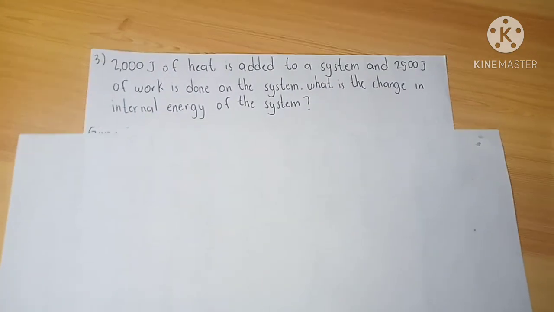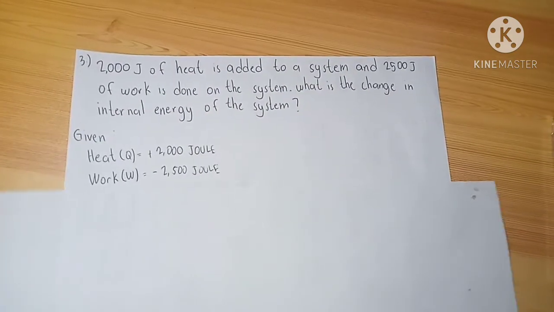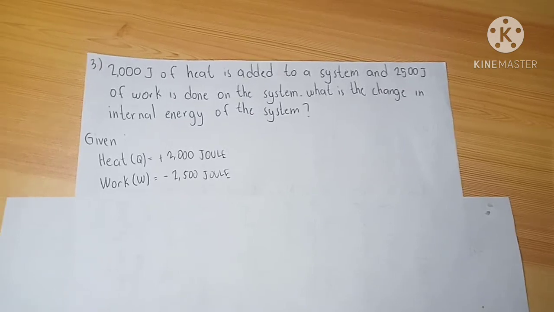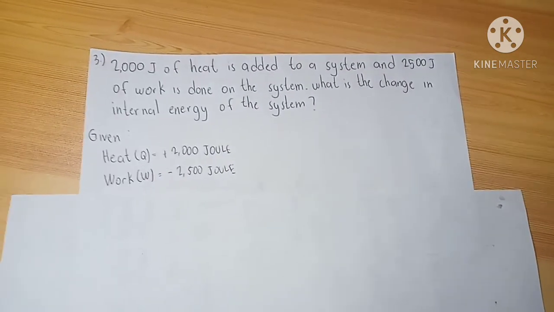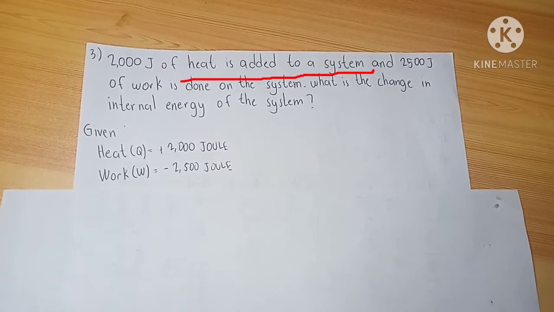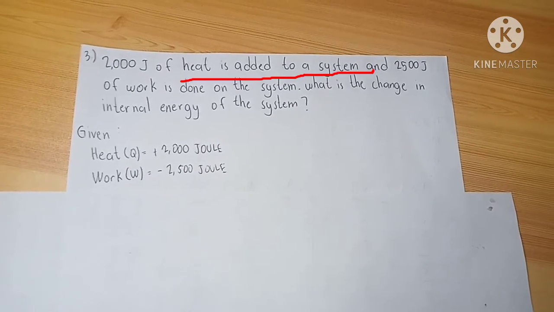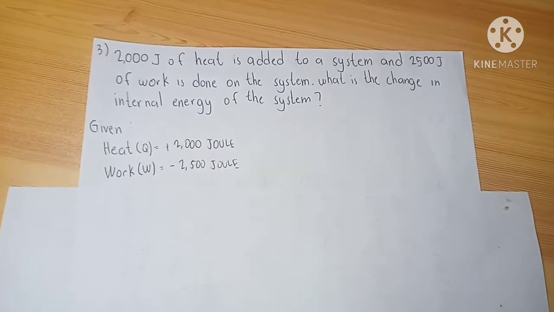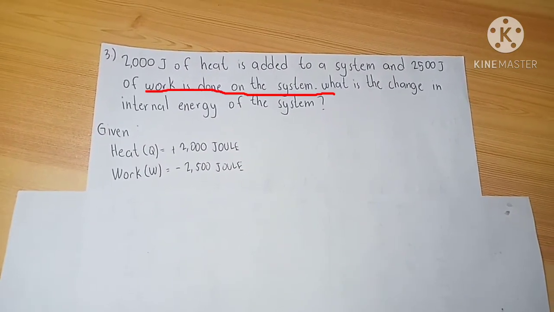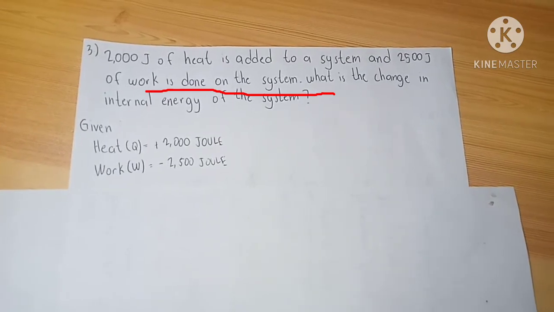So the first thing we're going to do is write down the given, which is the heat is equal to positive 2000 joules since the heat is added to the system, and the work is negative 2500 joules because the work is done on the system.